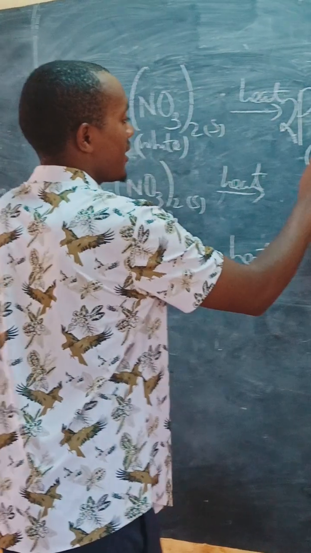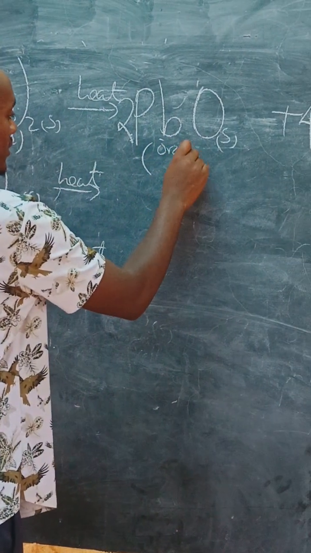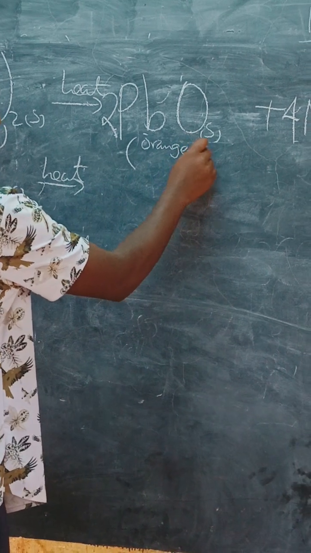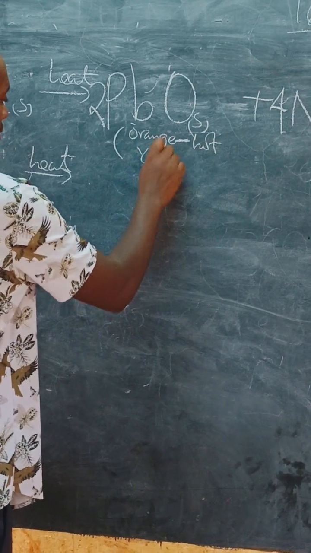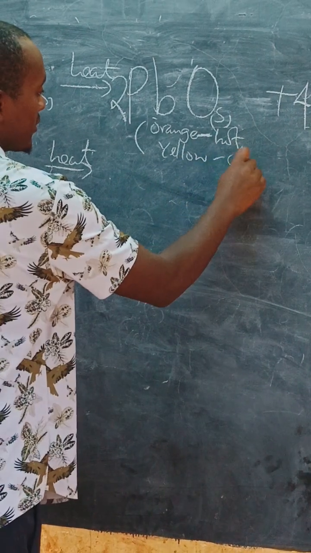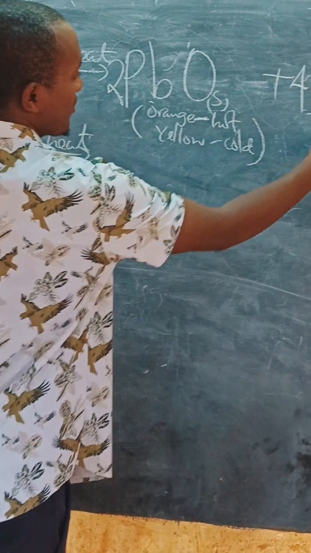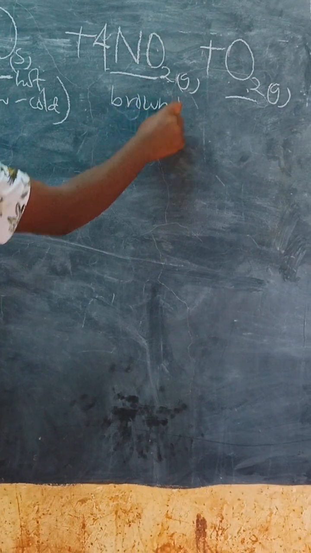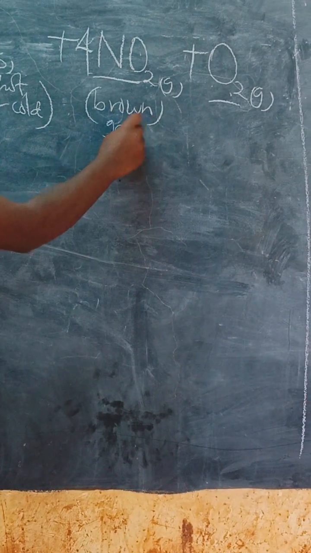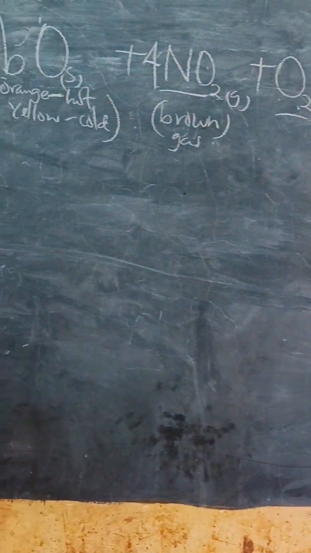Lead oxide is orange when hot and yellow when cold. Nitrogen dioxide is a brown gas, and oxygen is colorless. Let's go to zinc nitrate.